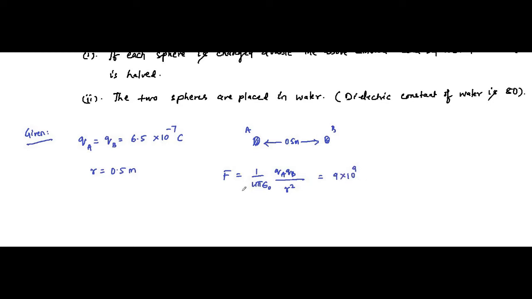I have already told you that 1 by 4 pi epsilon 0, when the absolute permittivity is replaced with its value 8.854 into 10 to the power minus 11, and the value of pi and 4 are substituted, we get this value. So always remember this. That is equal to 6.5 into 10 to the power minus 7 whole square, because qa and qb are equal, divided by 0.5 meter whole square.